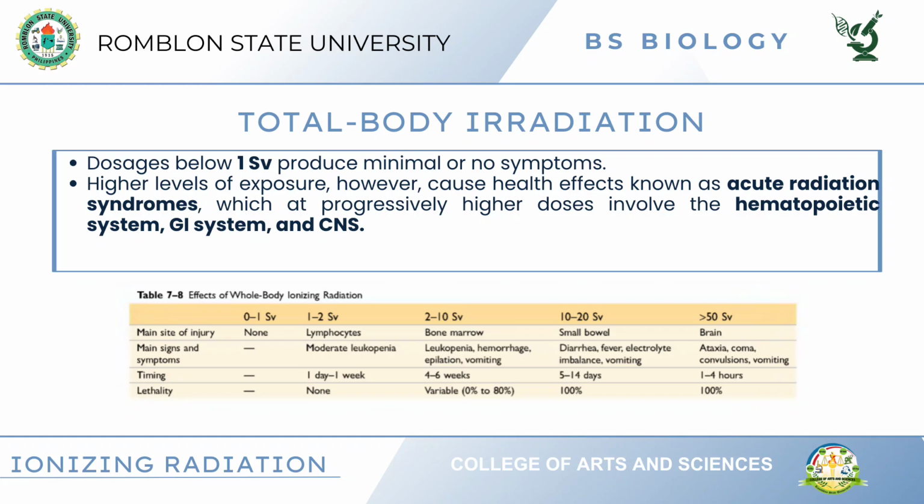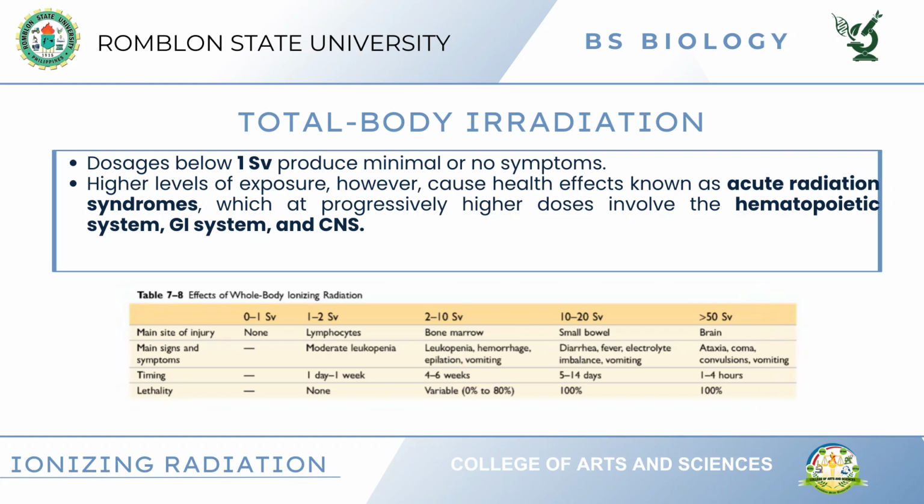So, yung mga uranium miners who are frequently exposed sa high levels of radon, they are at significantly higher risk for developing lung carcinomas or cancer of the lungs. So next is total body irradiation.